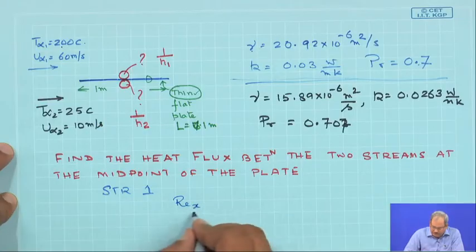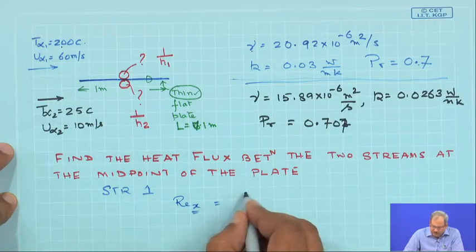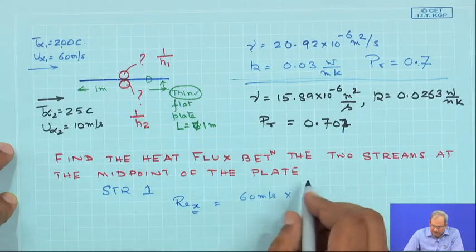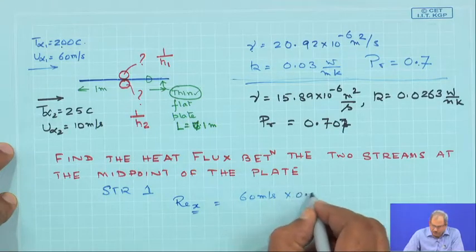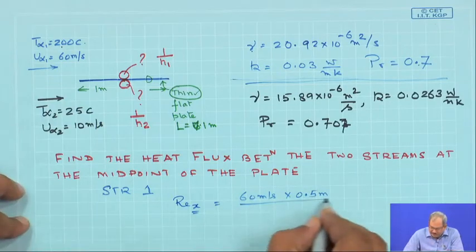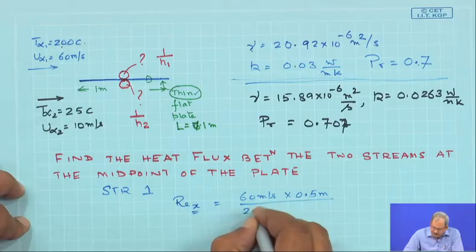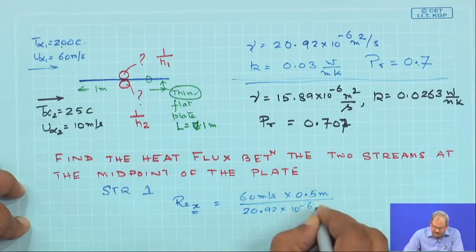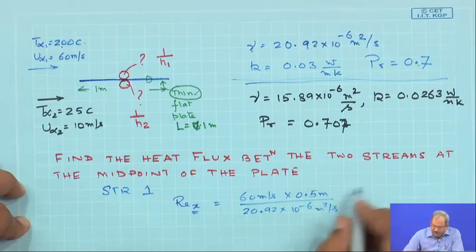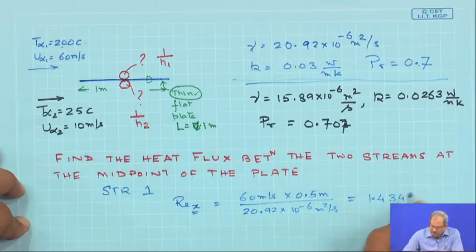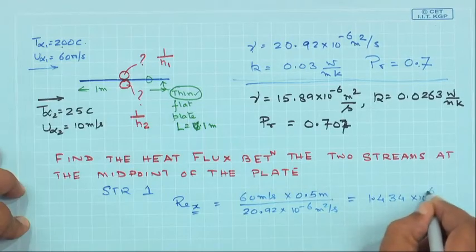the local value of the Reynolds number is 60 meter per second times 0.5 meter, which is the length, divided by the kinematic viscosity, which is provided as 20.92 into 10 to the power minus 6 meter square per second, which would give you a value of 1.434 into 10 to the power 6.